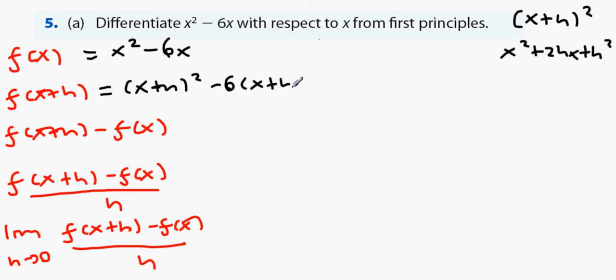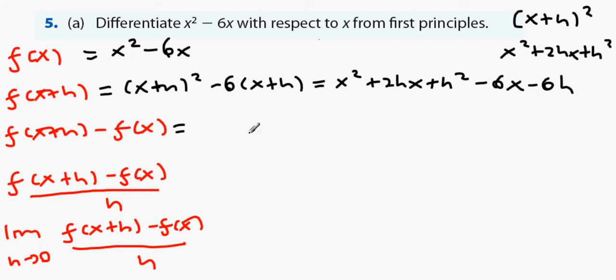And as discussed before, this means it's x squared plus 2hx plus h squared, and that's going to be minus 6x minus 6h. Now, combine them together, and what we get is x squared plus 2hx plus h squared minus 6x minus 6h.